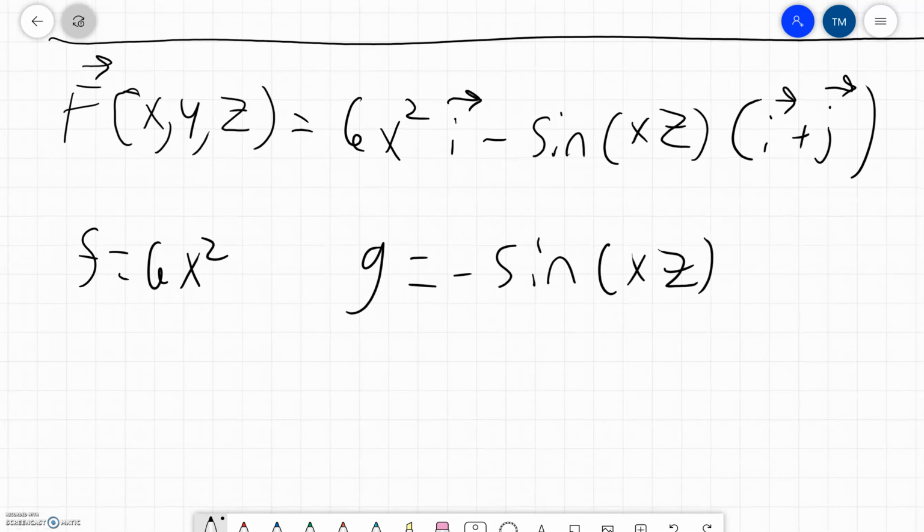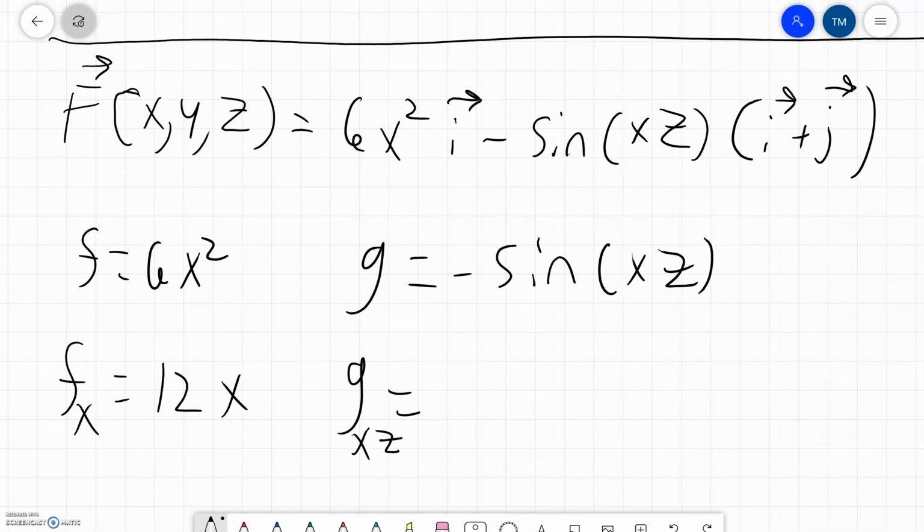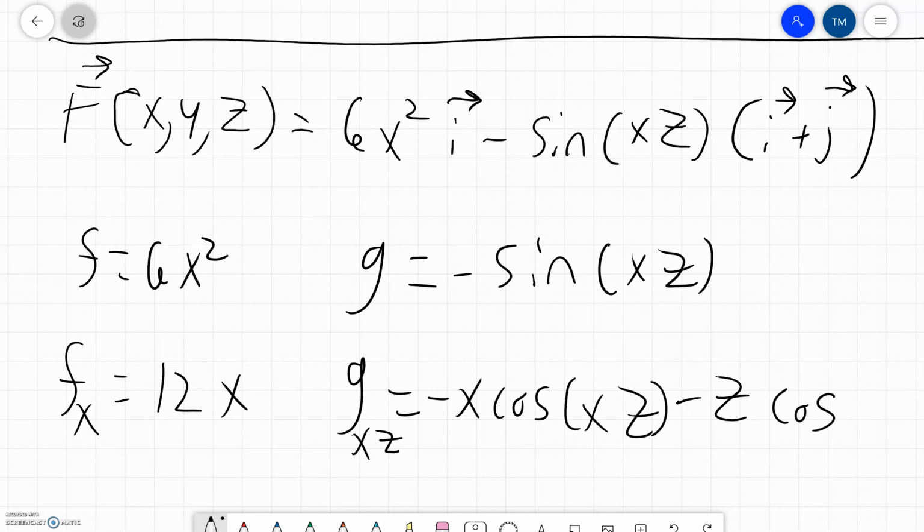Now here, if I take the partial with respect to x, then I'm going to get just 12x, and then if I take the partial of this one, really it's going to be with respect to x and z here, then this is going to give me negative x cosine of xz minus z cosine xz.